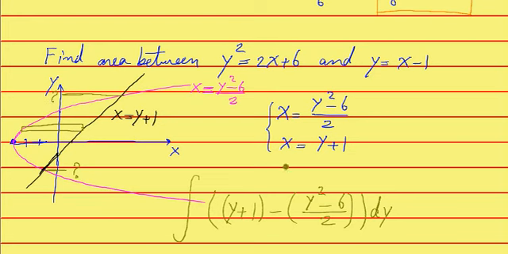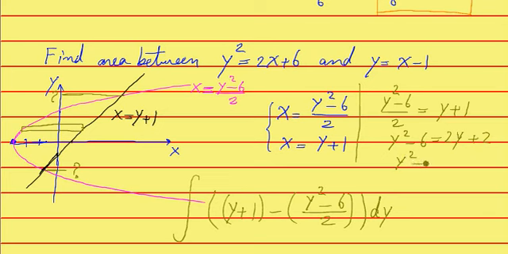Just like the previous problem, if you want these to intersect each other, then the x's have to be the same. If x's are the same, these two are the same. So that gives me an equation to solve. Y squared minus 6 over 2 is equal to y plus 1. Cross multiply, y squared minus 6 is equal to 2y plus 2. Bring everything to one side.